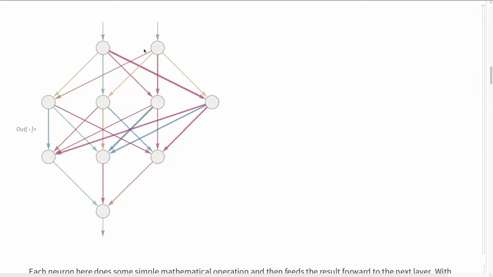Then these 2 send some signal forward to the neurons in the next layer. Those neurons send some signals to the neurons below, and so on until you end up with an output which is either 0, +1, or -1.